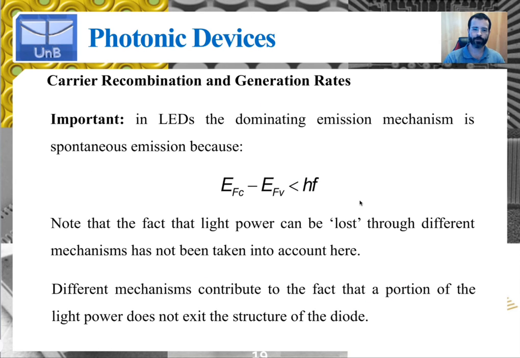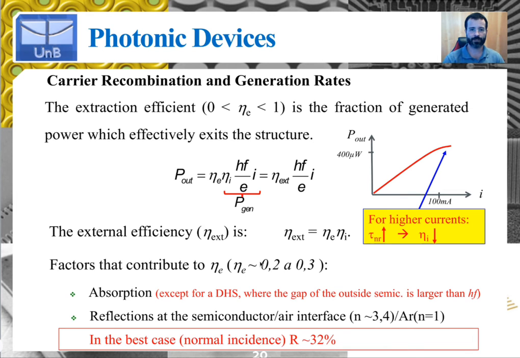So how can we do this? Different mechanisms contribute to the fact that a portion of the light power does not exit the structure of the diode. The extraction efficiency eta E, which is different than the internal quantum efficiency eta I, will also be a fraction, a number between 0 and 1, and is the fraction of the generated power which effectively exits the diode and can be used for different applications.